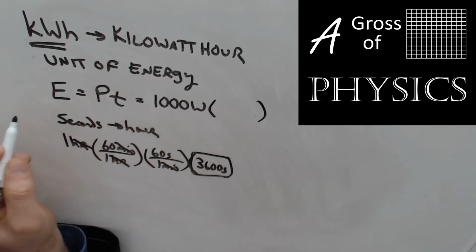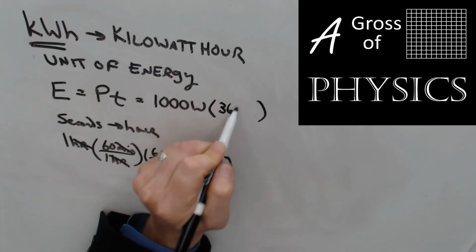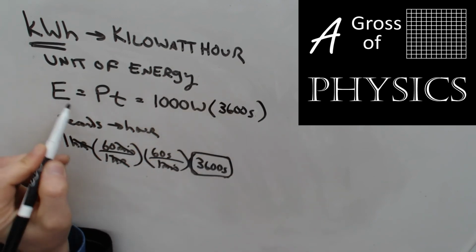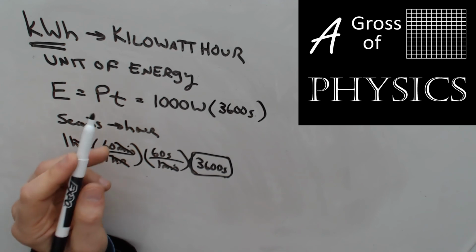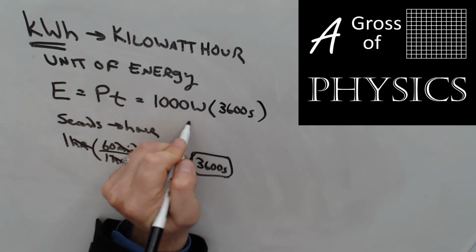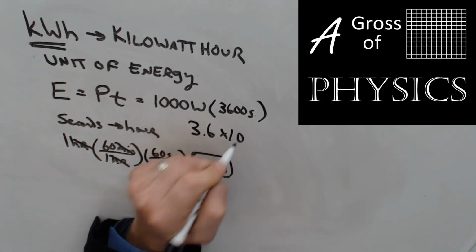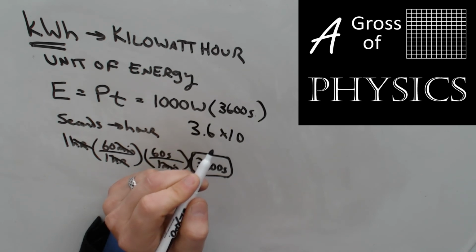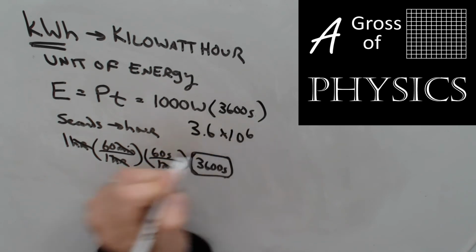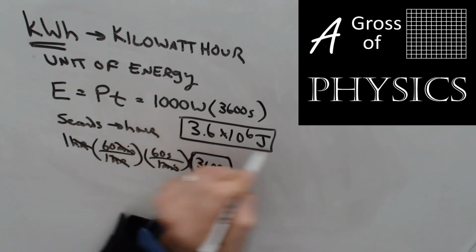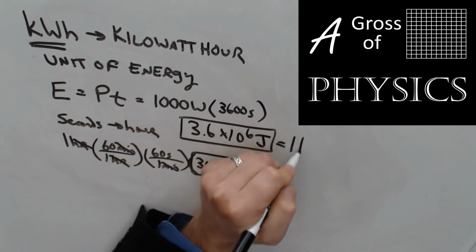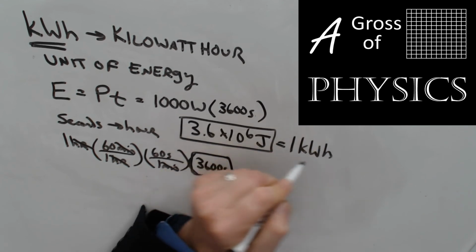So we end up with 3,600 seconds. So if you multiply those two numbers, 1,000 times 3,600, you end up getting 3.6 times 10 to the 6 joules. So that value is what we call 1 kilowatt hour.